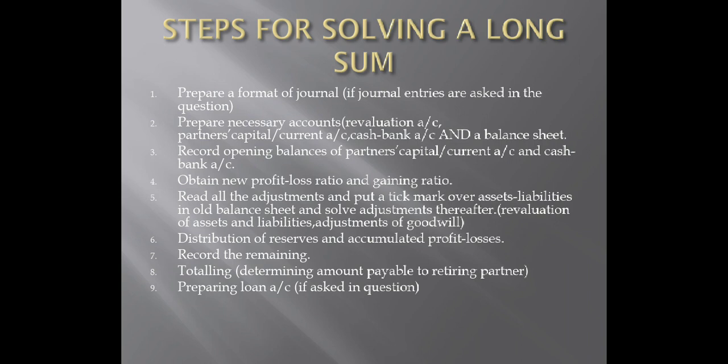Neither are they reserves, nor do they have any adjustments attached with them. What about those items? So those items are to be recorded now because they are left to be recorded. So that is what it means to record the remaining.